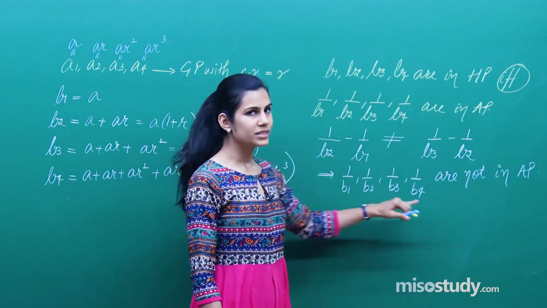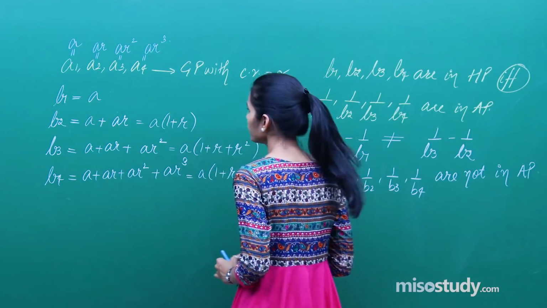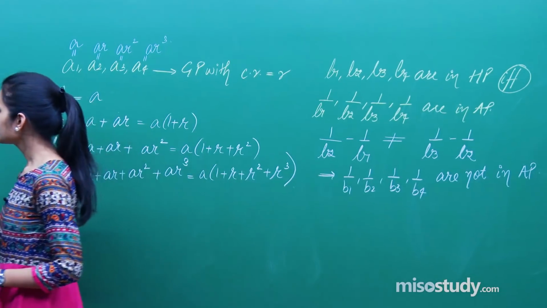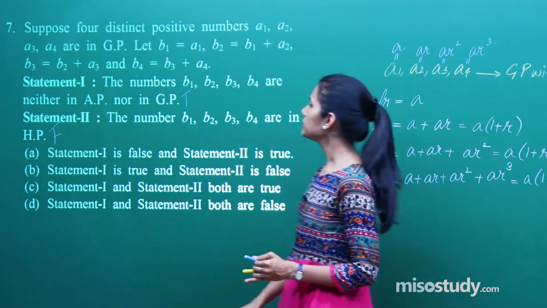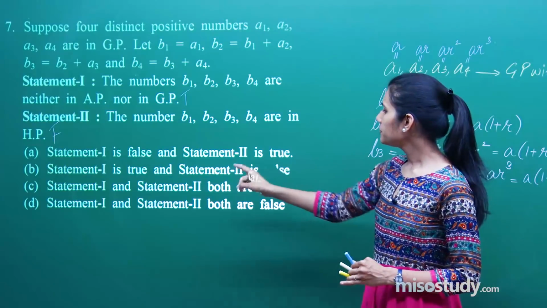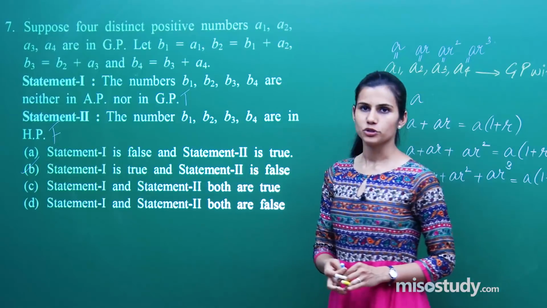If these are not in AP, their reciprocals are not in HP, and therefore B1, B2, B3, B4 is not in HP. It says that they are in HP whereas they are not in HP, so statement 2 is false. It says that statement 1 is true and statement 2 is false, so B is the correct option.